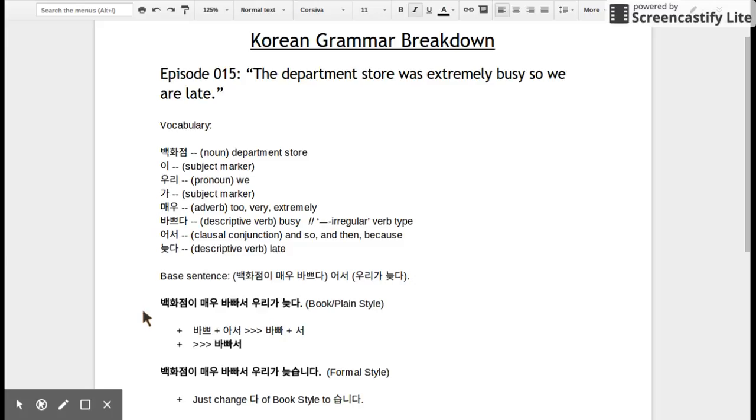Action verbs are never truly used this way. And remember, with the action verb plain style, you add nunda or unda. And to make our formal style, we change the da to sumnida here. I'm not going to show the other styles this time.